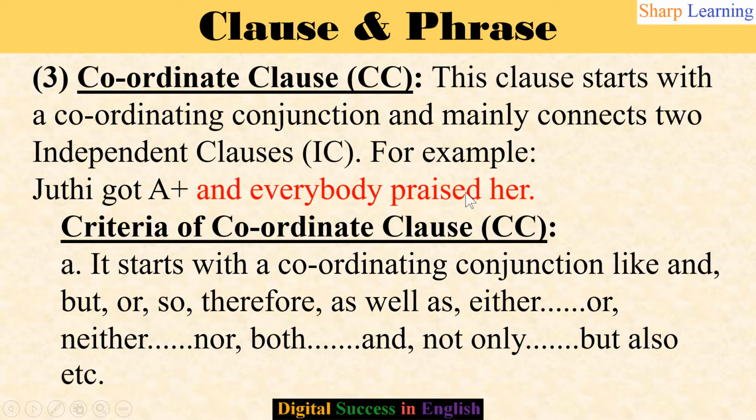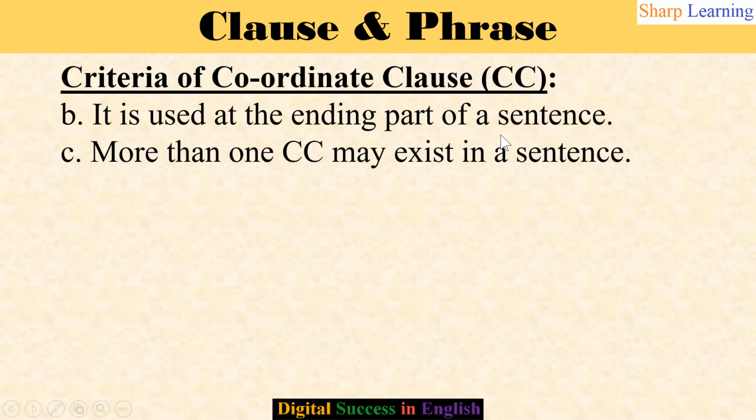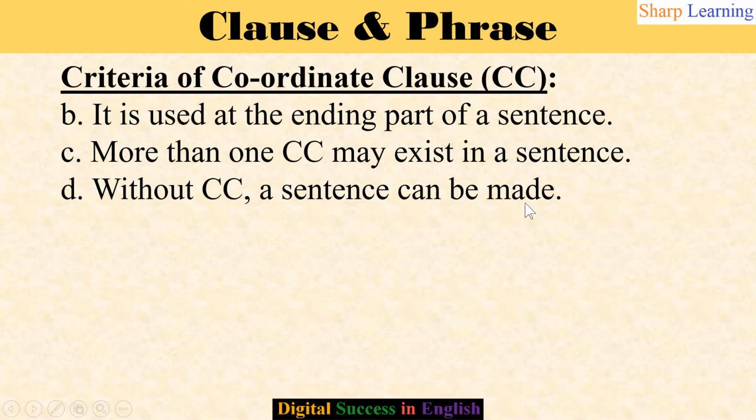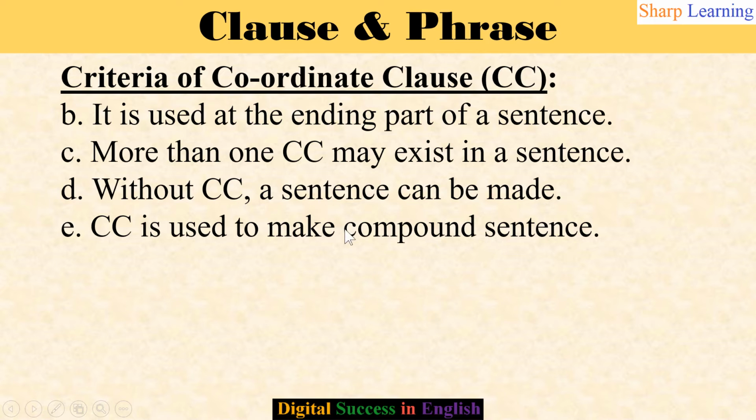See here, this red colored clause is a coordinate clause, and it has been started with and. It is easily used at the ending part of a sentence. More than one CC may exist in a sentence. Without CC, a sentence can be made, but for making a compound sentence, definitely you have to use at least one CC.